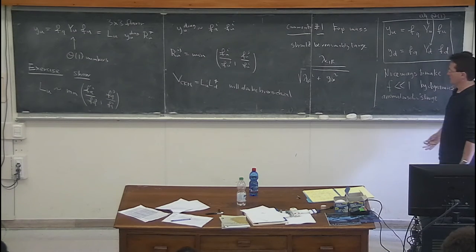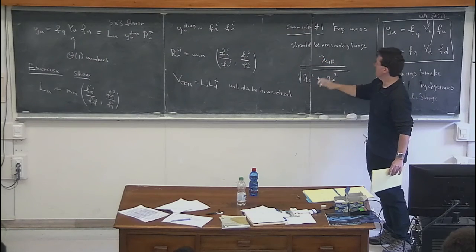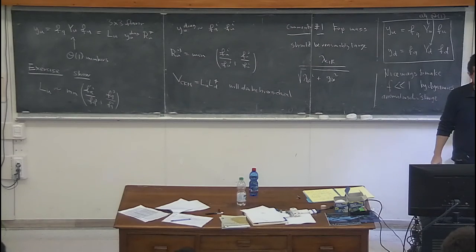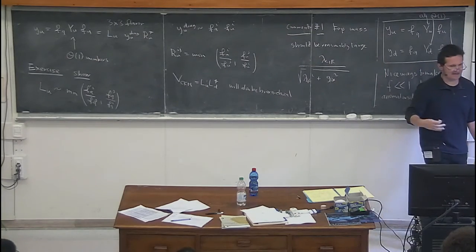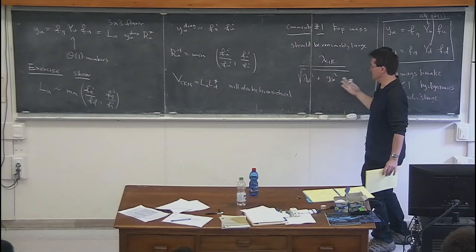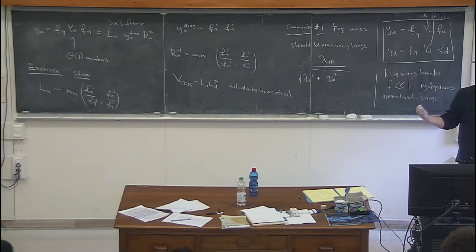Now, we were assuming that these mixings are smallish, but at most you can take it order 1. That means that the g star for the top shouldn't be extremely large, because if the g star of the top is very large, then this fraction of compositeness for the top will also be very small, and you will not be able to get an order 1 top Yukawa coupling.